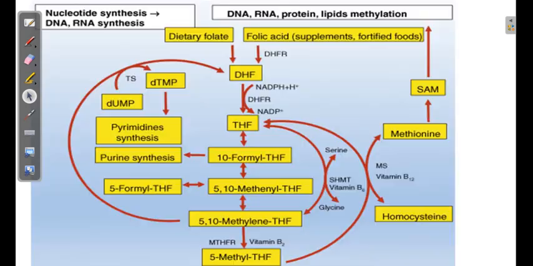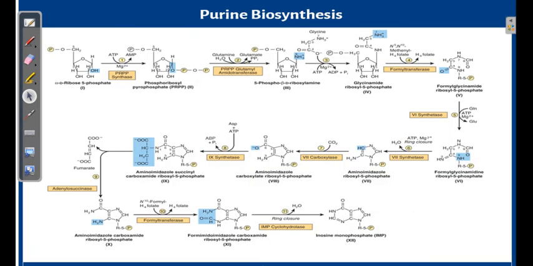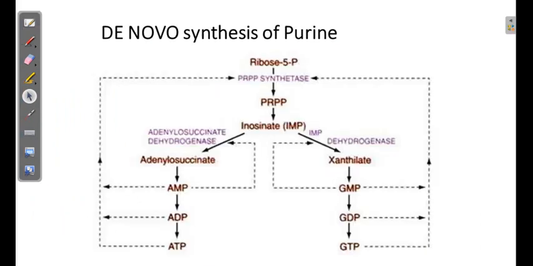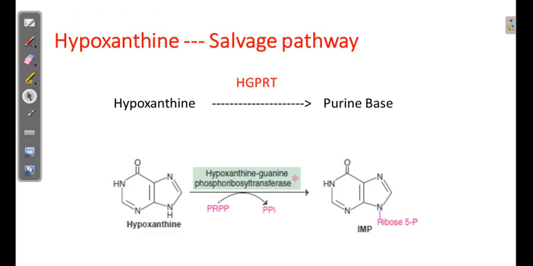And if you remember the reaction, once you have the inosine monophosphate, subsequently you can produce adenine and guanine. So for the purine nitrogen base, the salvage pathway starts with hypoxanthine, and it is catalyzed by the enzyme known as hypoxanthine guanine phosphoribosyl transferase.